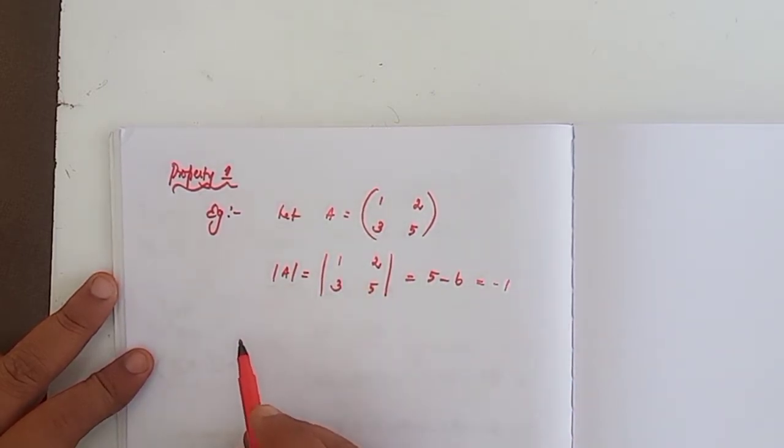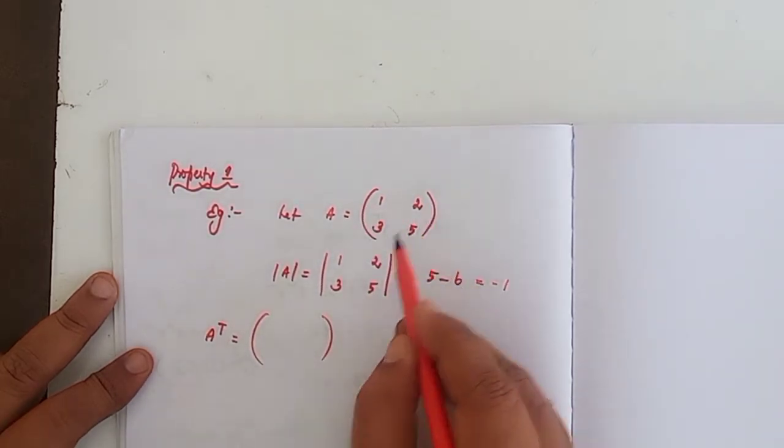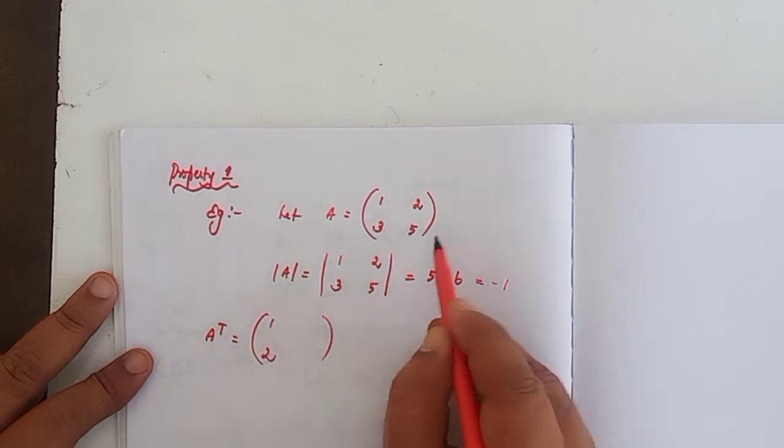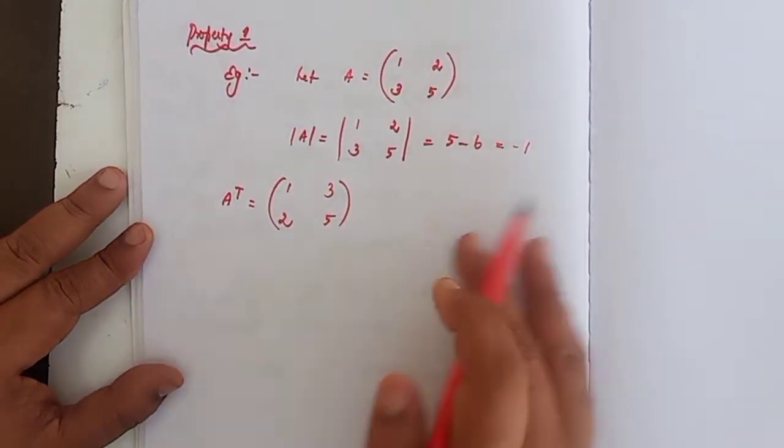Now, according to property number 1, if you interchange the rows and columns, you will be getting A transpose, correct? A transpose, that is, write the first row in first column and second row in second column. I am going to find out the determinant of A transpose.